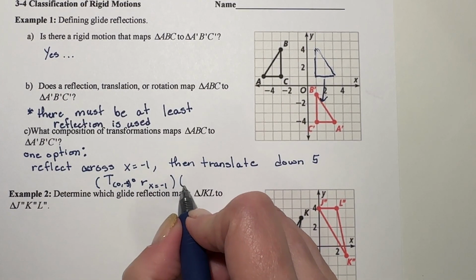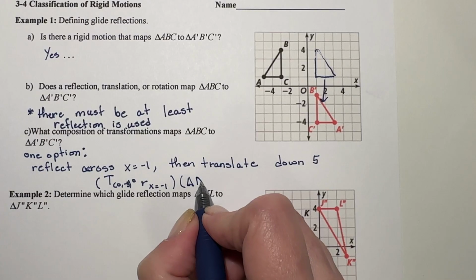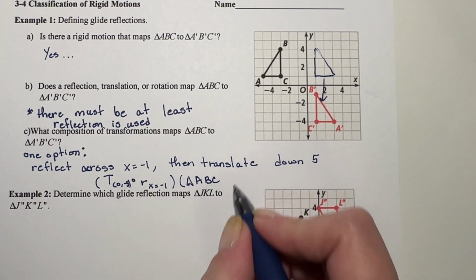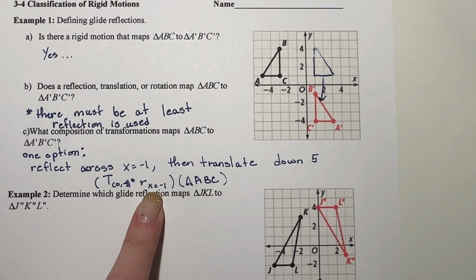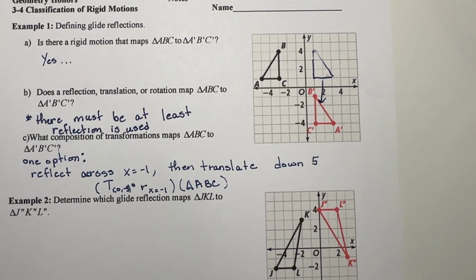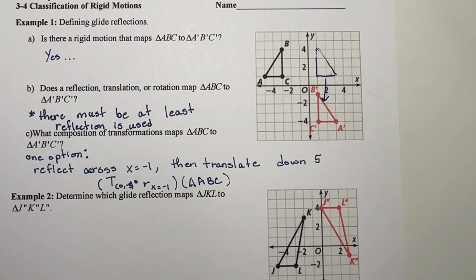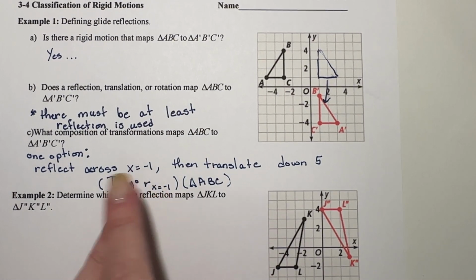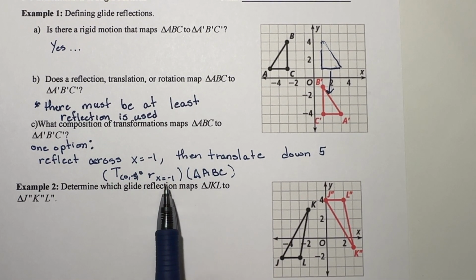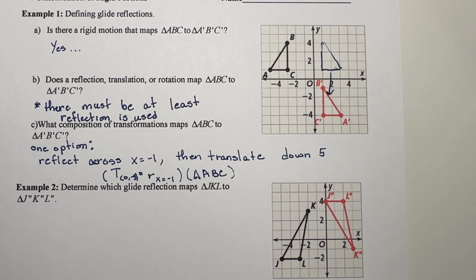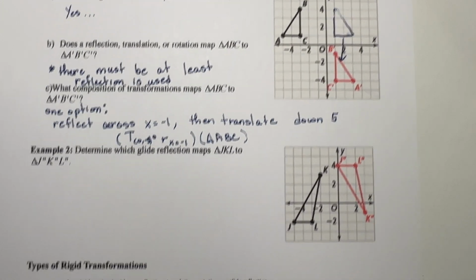And then I'm going to write my letters for triangle A, B, C. So if I do this order, I do the reflection first, then I do the translation. So hopefully that went really well and you have some ideas. If you decided to swap these, of course you can do that. Remember on these we work from our right side to our left side, so it's kind of counterintuitive.